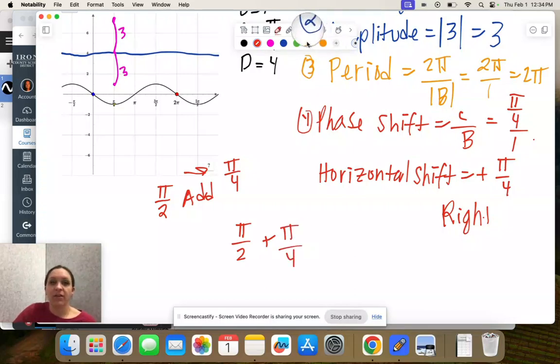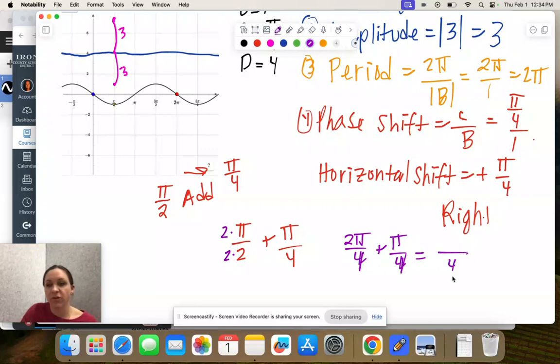Common denominator is 4. So I'm going to times both these by 2. So now I have 2 pi over 4 plus pi over 4. So our denominator's 4, and then 2 pi plus 1 pi is 3 pi.